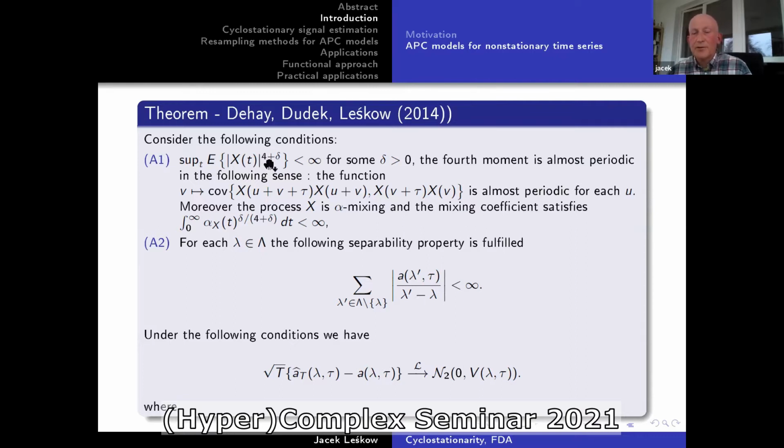We assume in this theorem, it can be generalized, but let's start from something very basic, that we have bounded moments. To some of you who work with, for example, heavy tails, this assumption may seem too restrictive, but that's the starting point.